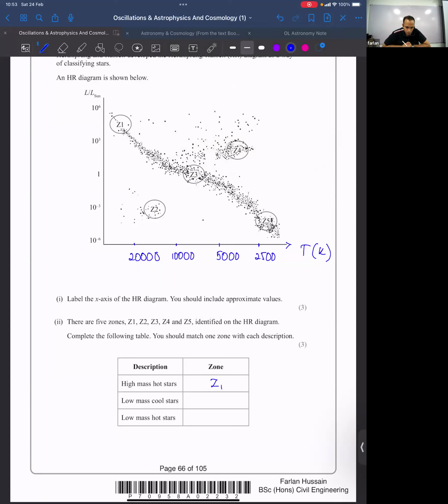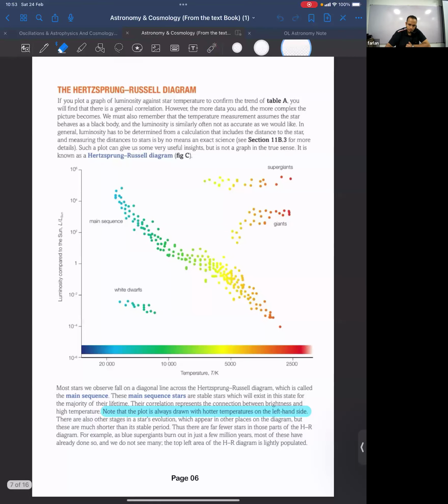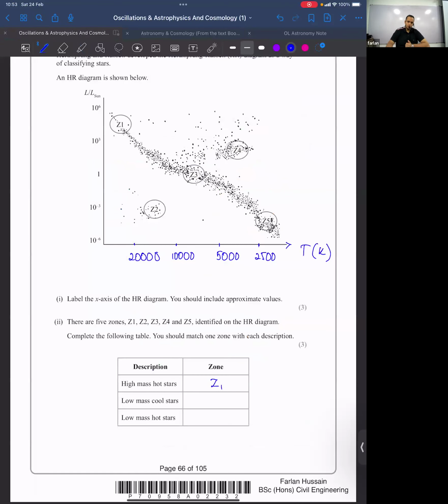Guys, in the diagram, this is what you see here. This will be the supergiants and giants. So low mass cool stars means they won't become supergiants. But what is this Z4? Low mass cool stars, we can take Z5.